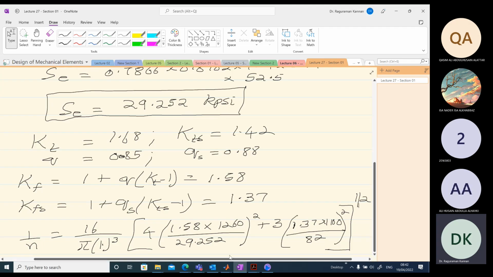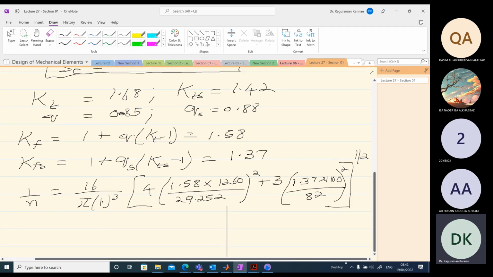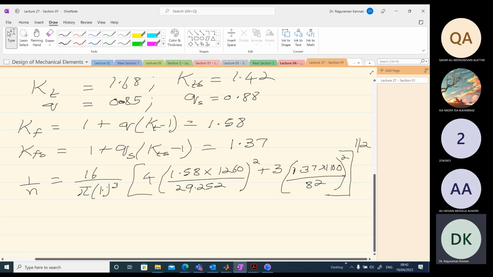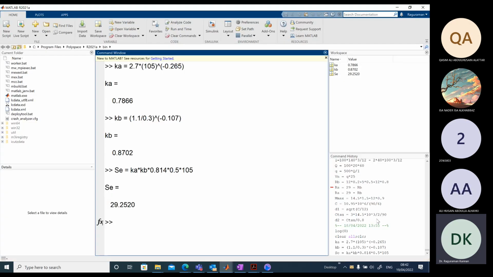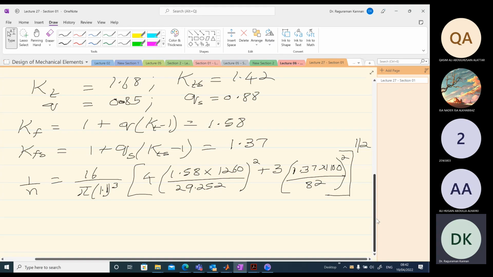Okay, so let's calculate this. Again, this should be 1.1 here. So your N should be equal to the inverse of this entire quantity.